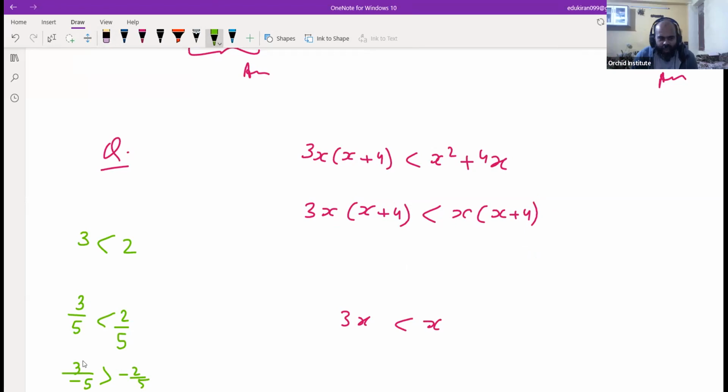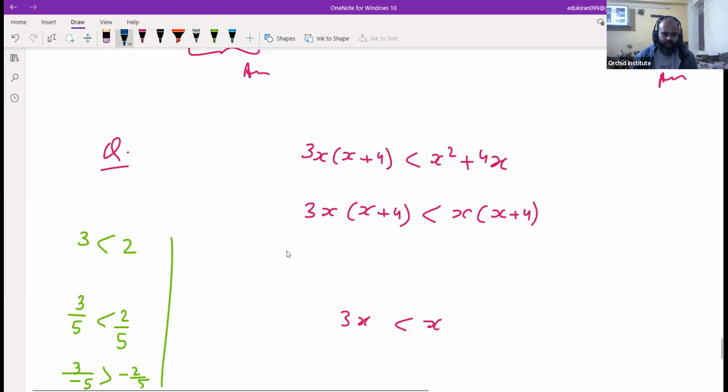So the sign reverses. If you divide or multiply by a negative value, the sign reverses, whereas if you multiply or divide by a positive value, the sign does not reverse. So it is very important to know the sign of the quantity. Here x + 4 is not a constant, so we don't know whether it is positive or negative, and in that case we can't do it like this.